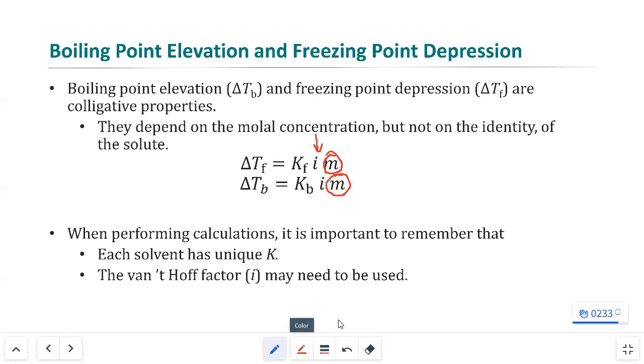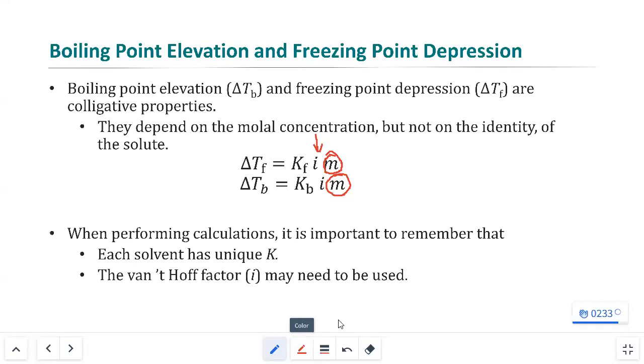So total molal concentration is the one factor. The other factor is something called K. Now, this is one of our first exposures to the letter K in this class. There will be many, many others, especially if you take Chem 106. You will get sick of the letter K by the end of that particular class.